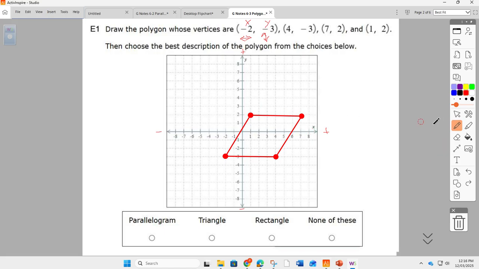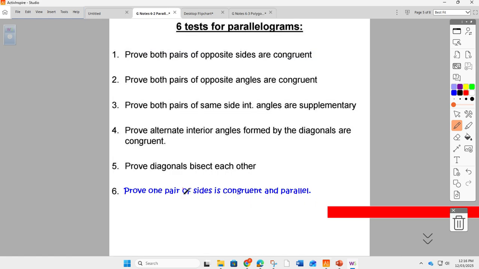So these horizontal sides here, opposite sides, we can tell if they're congruent, so let's count from one vertex to the other. So 1, 2, 3, 4, 5, 6. There's 6 there. 1, 2, 3, 4, 5, 6. So this side and this side are congruent. Make sense?